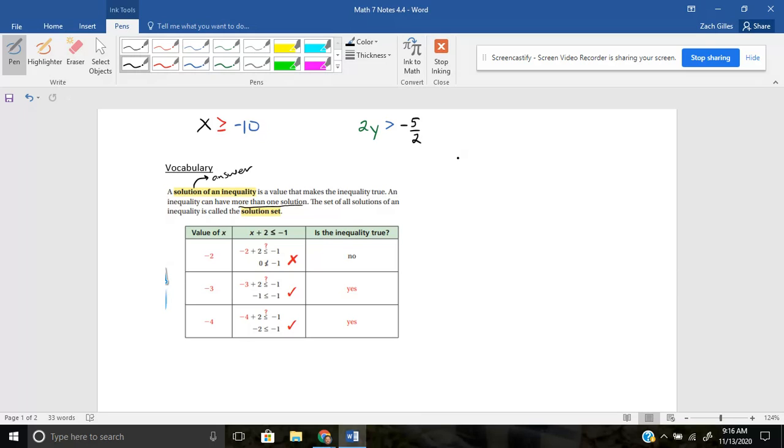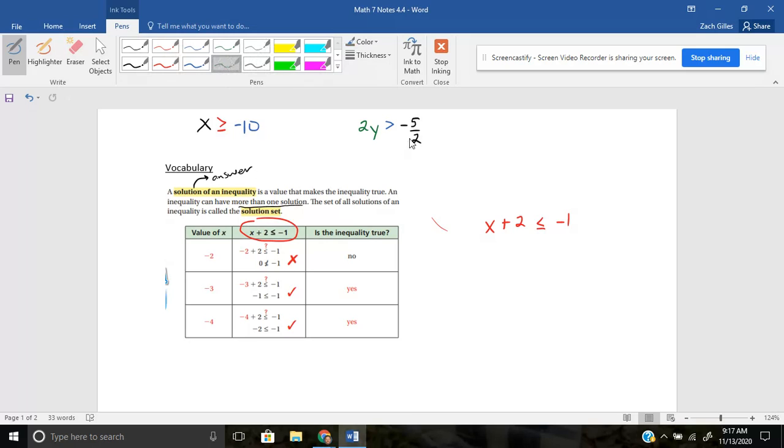So here's an example. If we were to use this expression, x plus 2 is less than or equal to negative 1, we are looking to see if these different values of x make this inequality true.